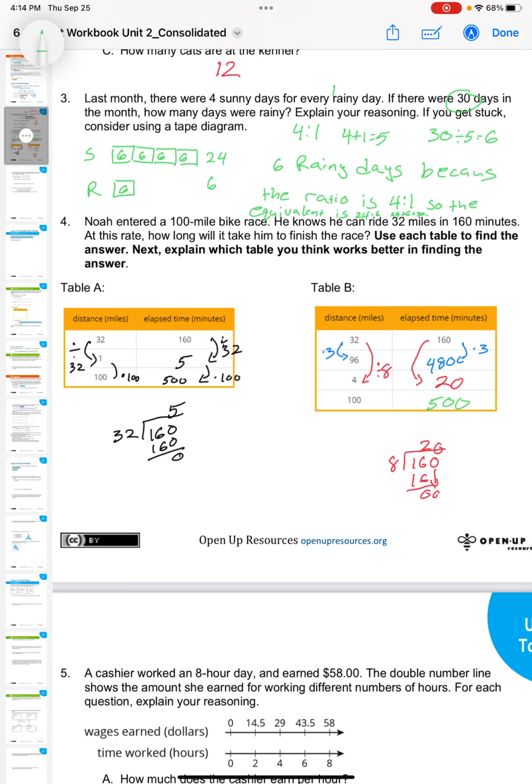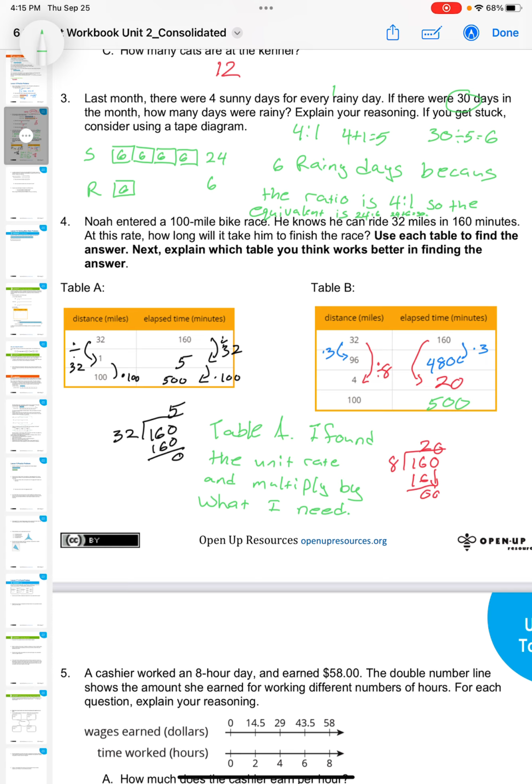Okay, for me, I prefer table A. So I would say table A. I found the unit rate and multiply by what I need.